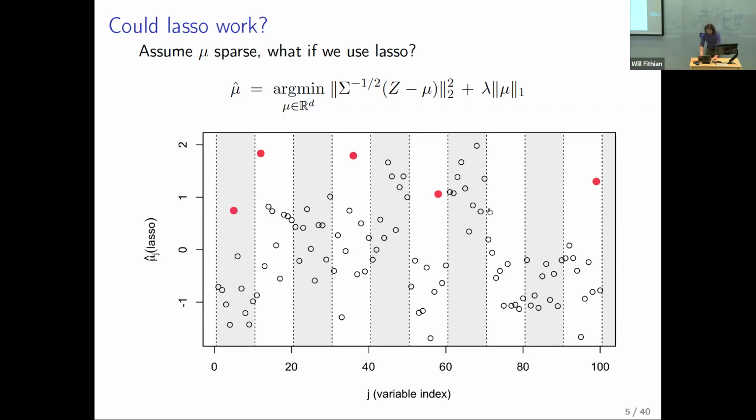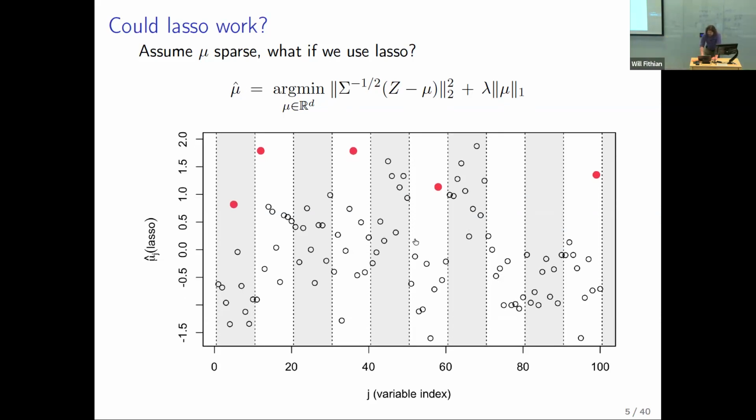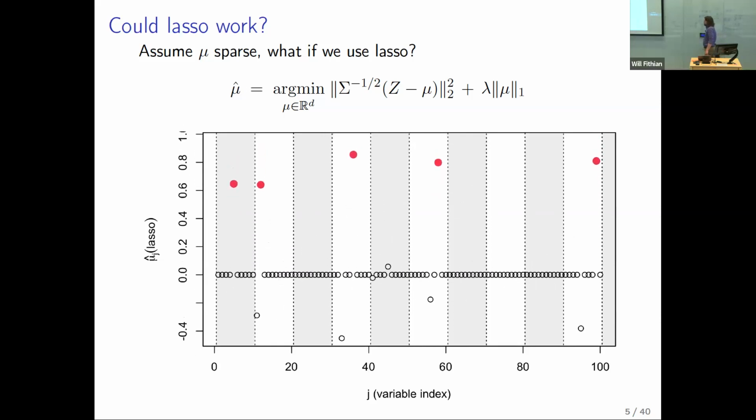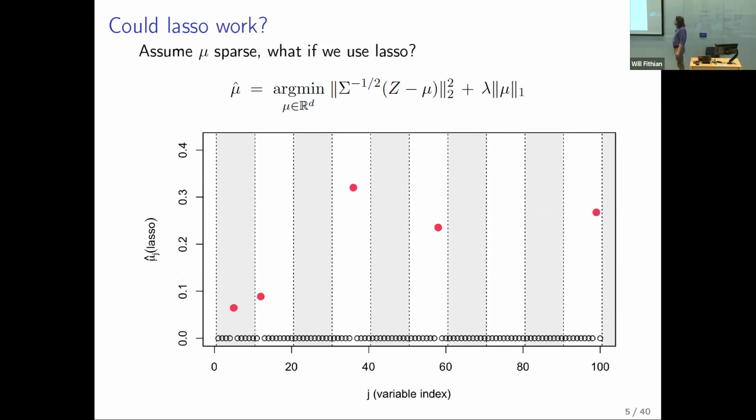Or we could just directly say, well, maybe we don't realize this is like a regression problem, but we still can write down the likelihood plus some L1 penalty. And so what will we get? If we start off taking no penalty, and then we gradually increase the penalty, we'll get a sparser and sparser solution until at some point, we'll get exactly the right set of variables with no false discoveries.